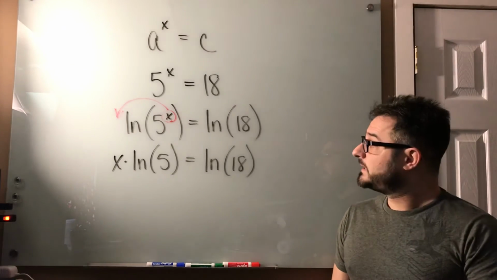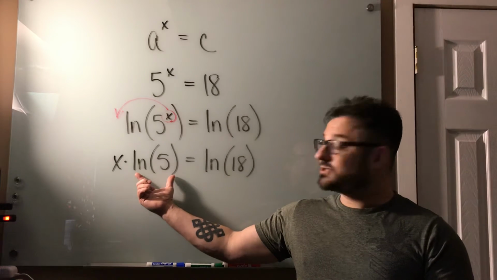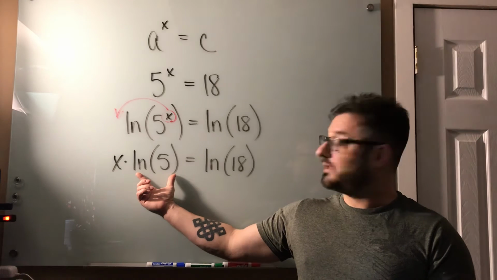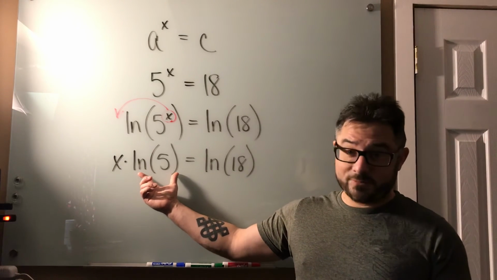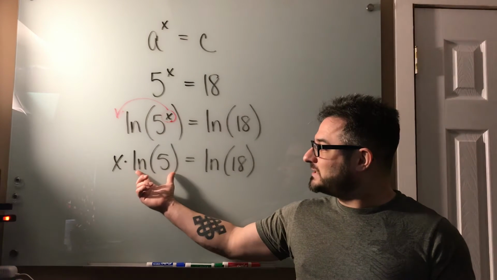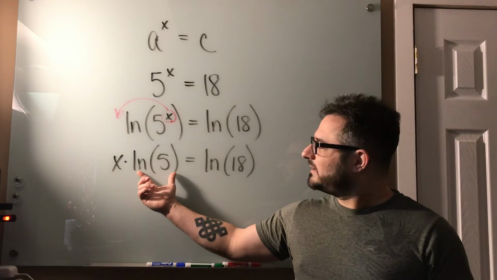Now, at this point, we need to remember that the natural log of 5 is a constant value. If we were to put that in the calculator, we would get a single value, and no matter how many times you put it in the calculator, we would get the same value. There are no variables in this piece right here, so this is a constant.